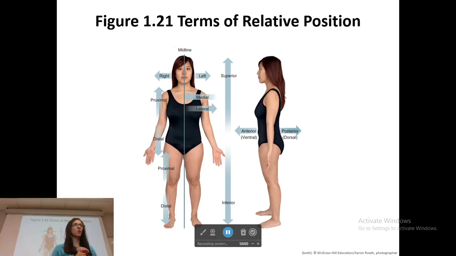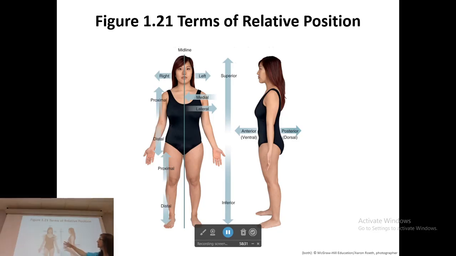It always helps if you hold it in position like it was your own heart. Then you can look at it: this is the right side, this is the left side. So the right atrium would be up here, the right ventricle would be right here, the left ventricle would be over here, and the left atrium would be right here. So remember that right and left side difference there.